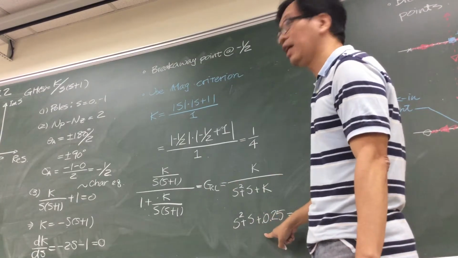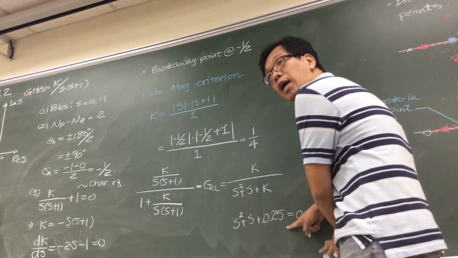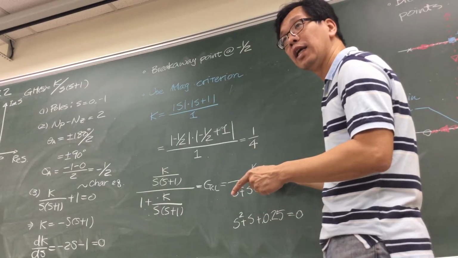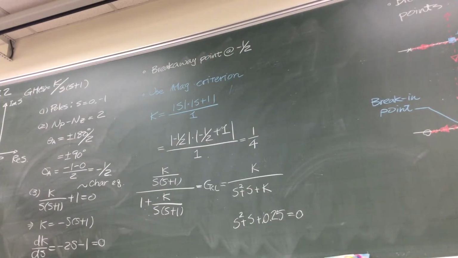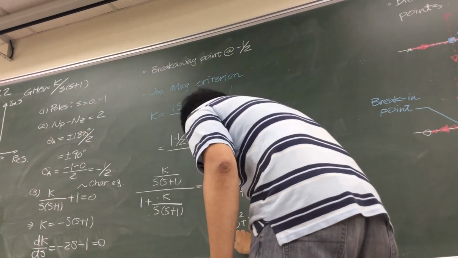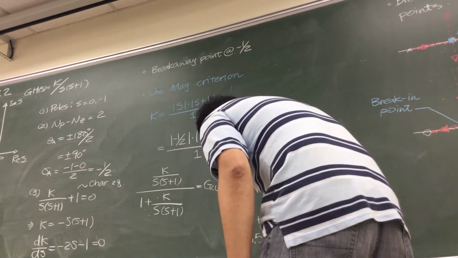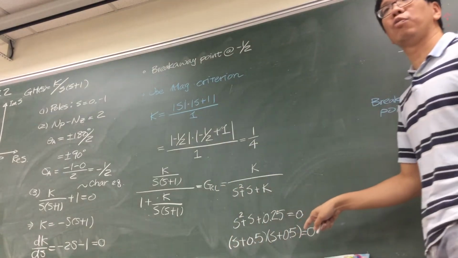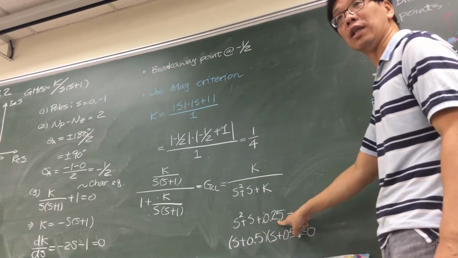So if I find the roots of this specific polynomial, what do I find? I find my poles with this k on my S-plane. Make sense? If you take the roots of this one, you're going to find this is s plus 0.5, s plus 0.5, because of this specific polynomial.